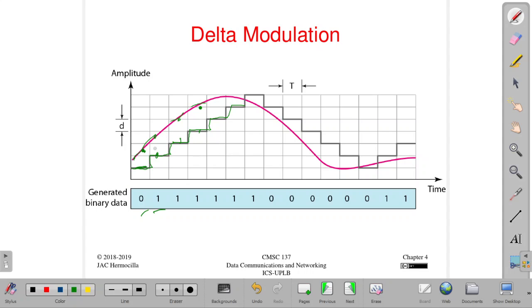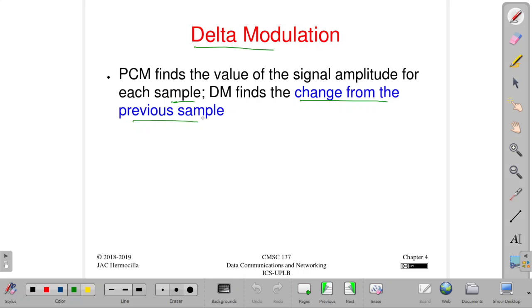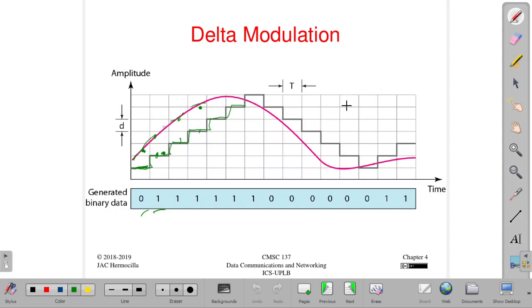So it simply examines the intensity or the change of the amplitude from the previous signal. So that is delta modulation. You will notice that somehow delta modulation is faster because it requires fewer steps, but of course there will also be some form of errors. Okay, so that's it for delta modulation.